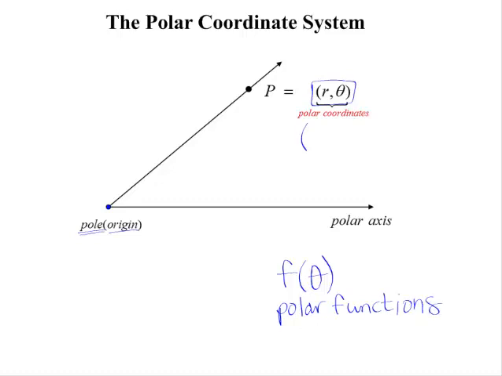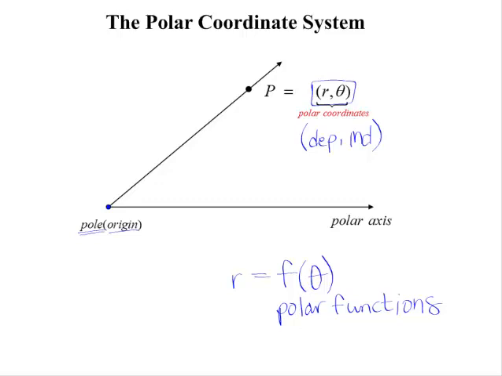So where we're used to having independent, comma, dependent coordinates of our points, this is reversed. r is the dependent variable, it is the output value, and theta is the independent variable in polar coordinates. Why they are listed opposite from xy coordinates, I really don't know. But r is the dependent variable where theta is the independent variable.